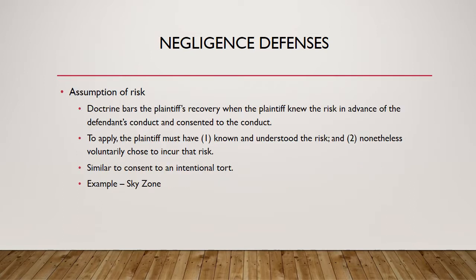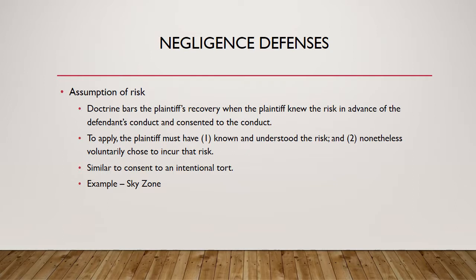Another defense is the assumption of risk doctrine. So this doctrine essentially acts as a bar on the plaintiff's recovery when the plaintiff knew the risk in advance and they consented to it. For this to apply, the plaintiff must have, one, known and understood the risk, yet they voluntarily chose to incur that risk. So this is similar to the consent defense that we talked about with an intentional tort.